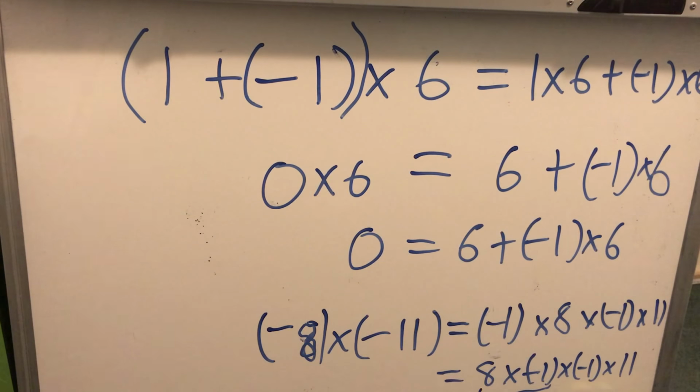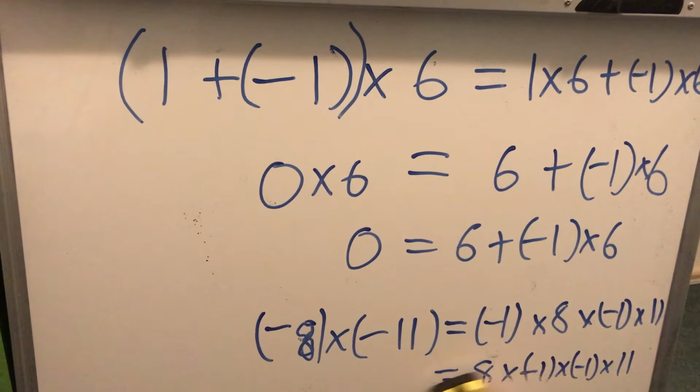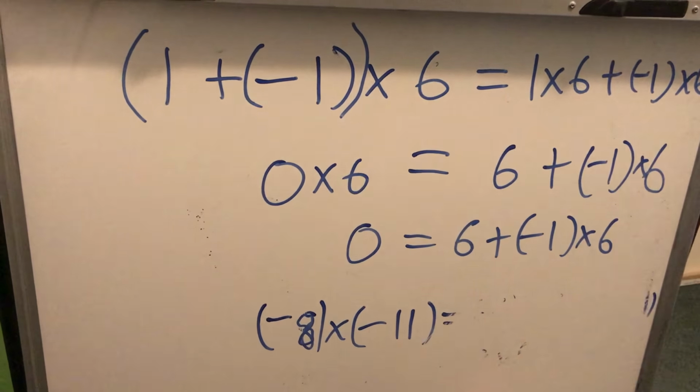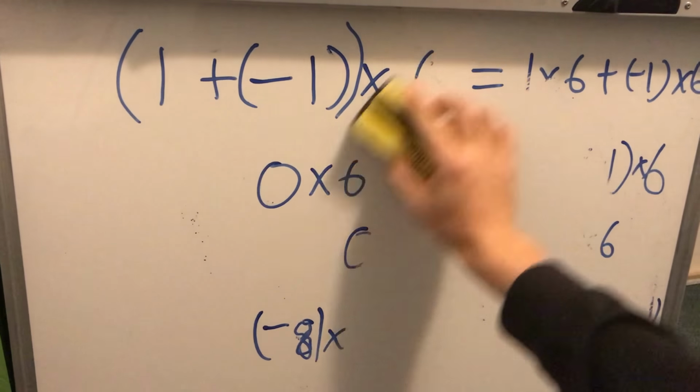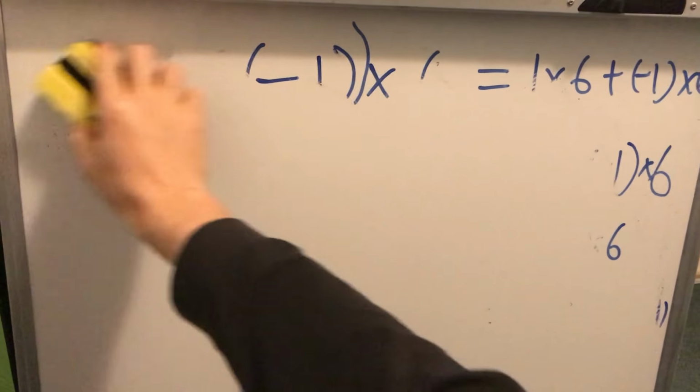So let me quickly show you that the distributive law should hold. For positive numbers, we can take it as a given.